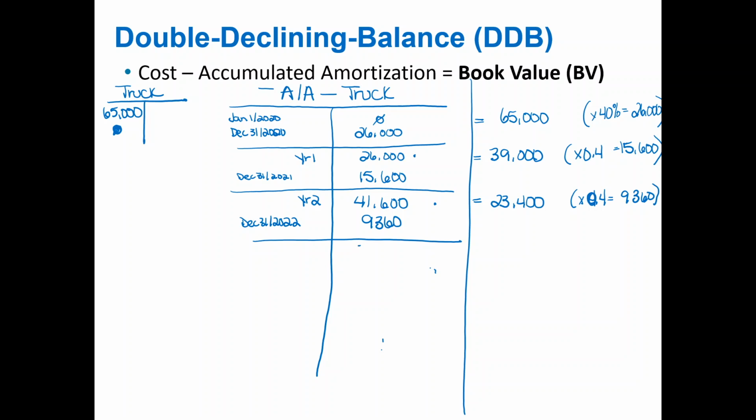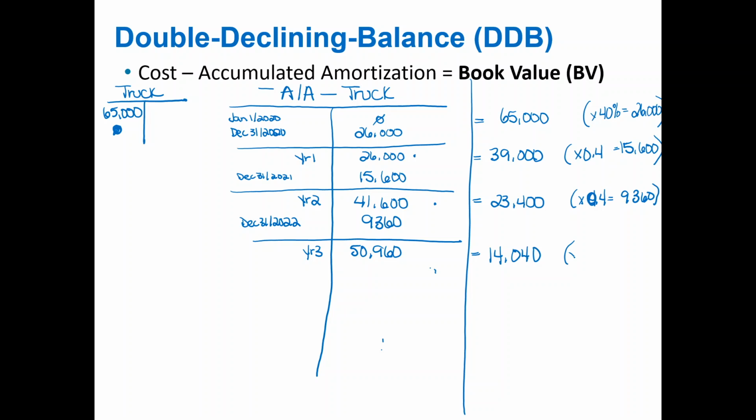That gets us to the next balance of 50,960 at the end of year 3. Our book value, 65,000 minus 50,960, gives us 14,040.